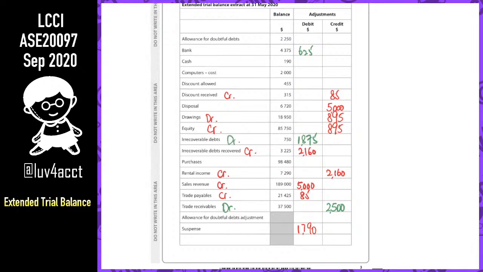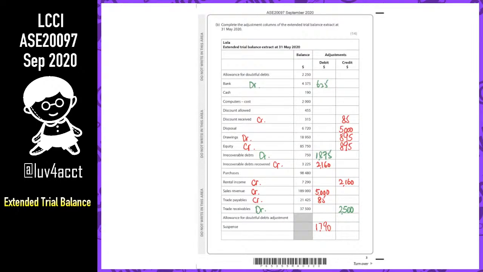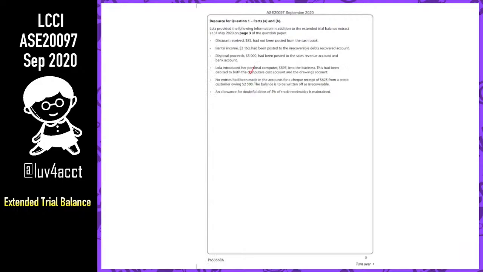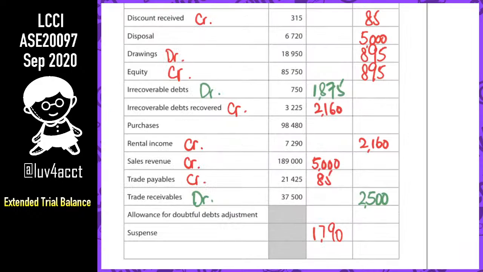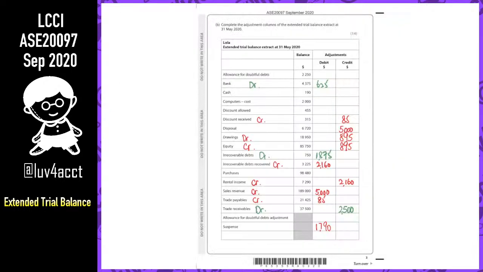This one is also debit side. Here we can see that the trade receivables are first reduced by 2,500. Let's see if we have any other things. Next is an allowance, 5%. So that means it is the only adjustment we have to make, 37500, the original.